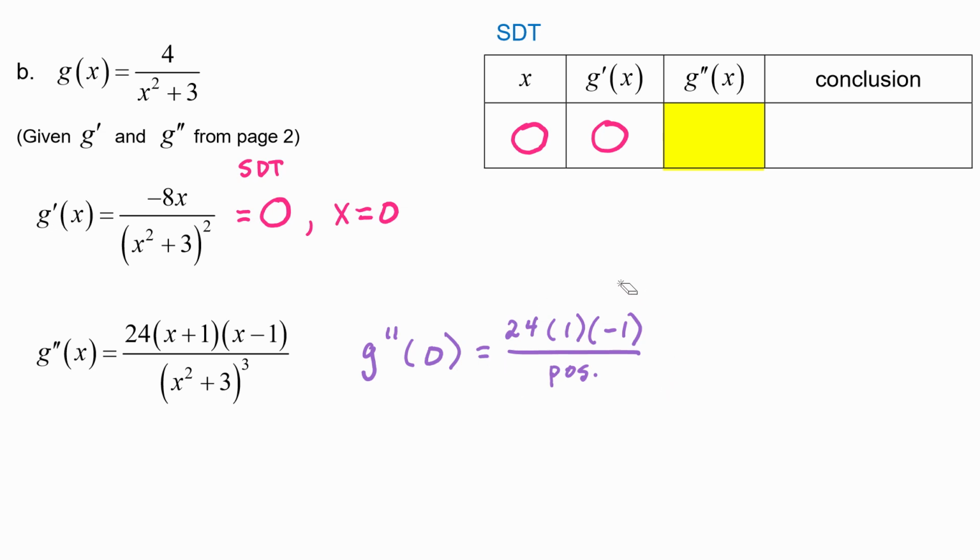So looking at this, we can see it's going to be a negative number. If the second derivative is negative where the first derivative is 0, then our conclusion is that a horizontal tangent and concave down will lead us to a relative max.